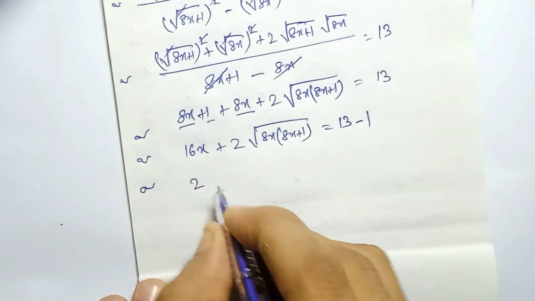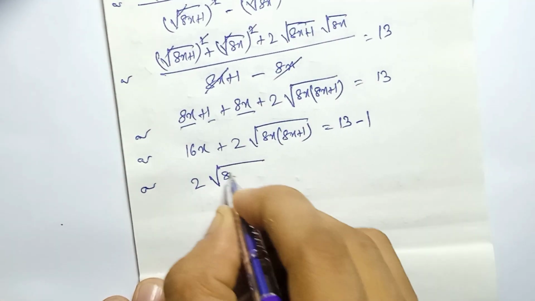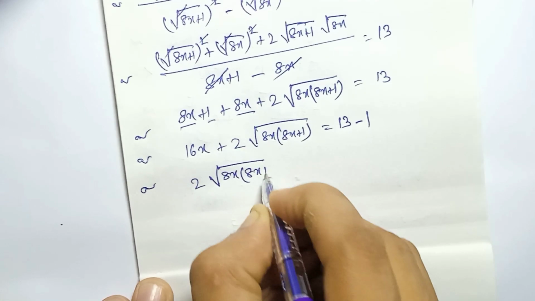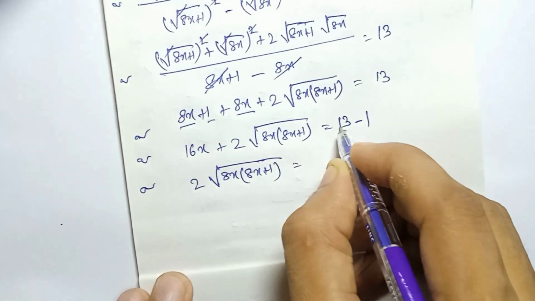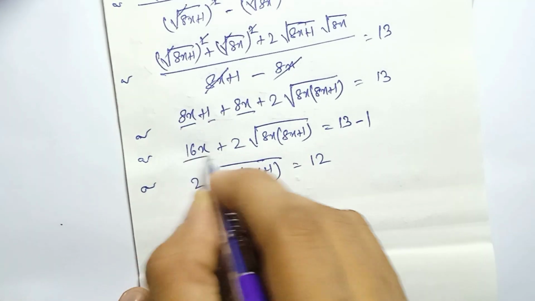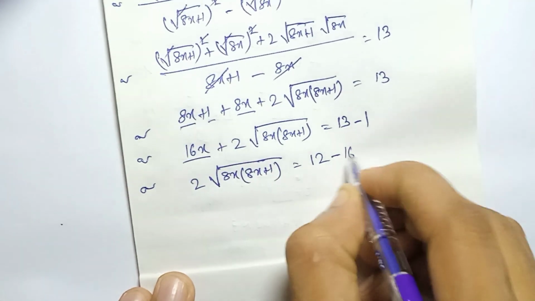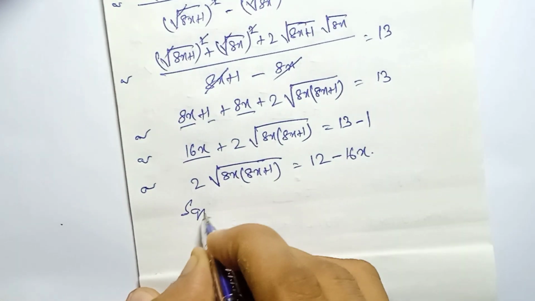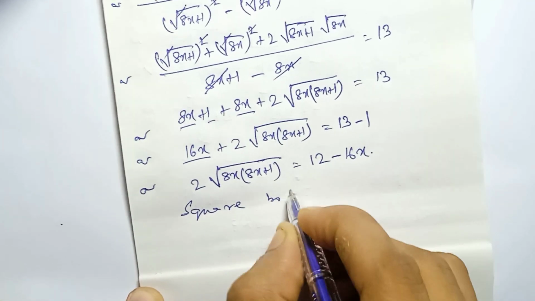Now 2 under root of 8x into 8x plus 1 is equal to this 13 minus 1, it's 12, and we can take this to the right side, so it will be minus 16x. Now we have to square both sides.